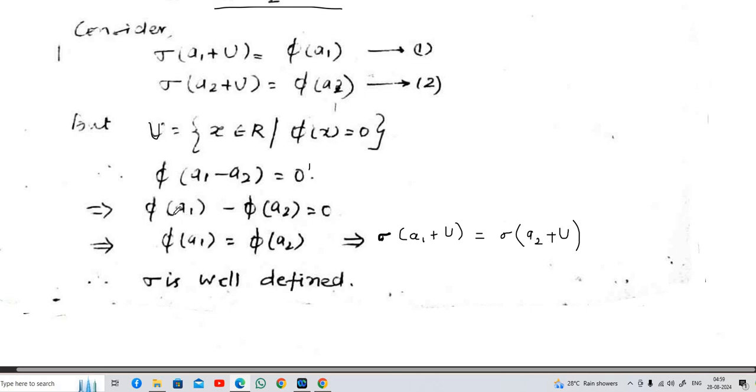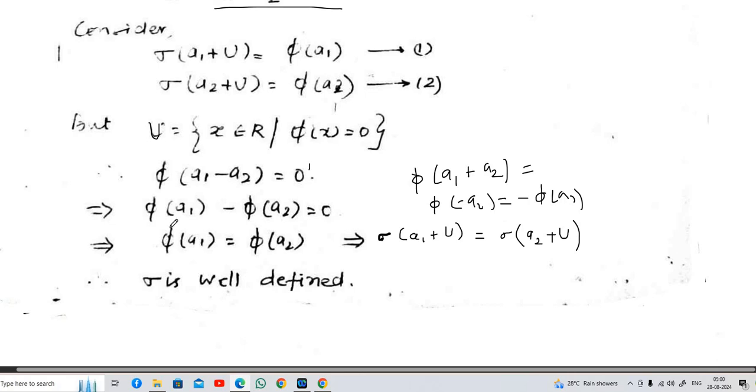We have used both the properties of homomorphism with regard to the additive structure: the definition, phi of A1 plus A2, and the property that phi of minus A2 is minus phi of A2. So that is also used here. The definition as well as this, both are used.